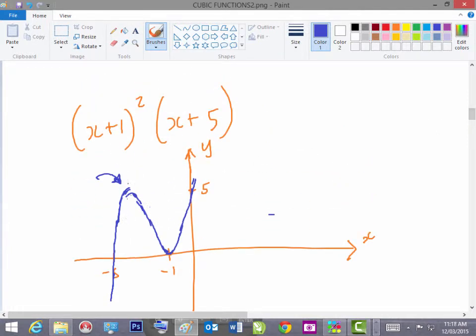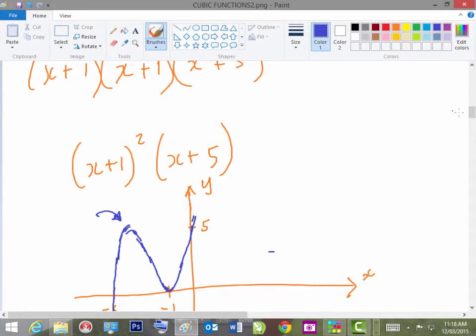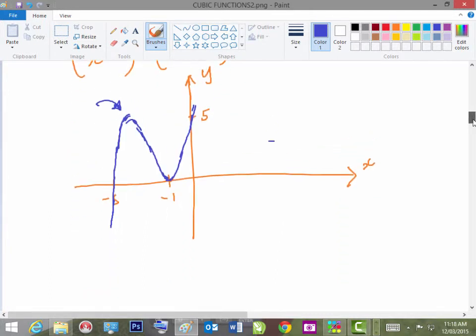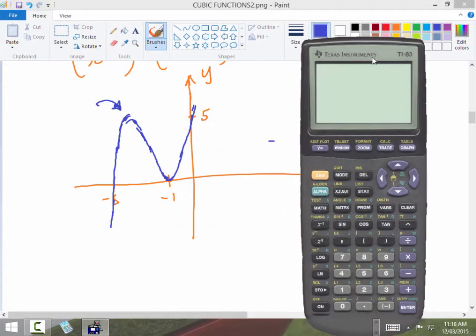No, you're not expected to work out where the turning point is when you're working out the graph or the factors manually here. But you can use your graphics calculator. I'll show you whereabouts it is, just to check that it looks the same on the graphics calculator or similar. Right.